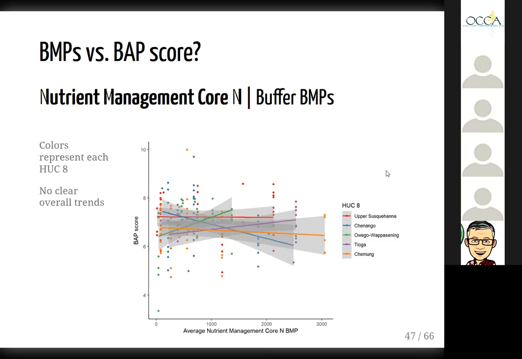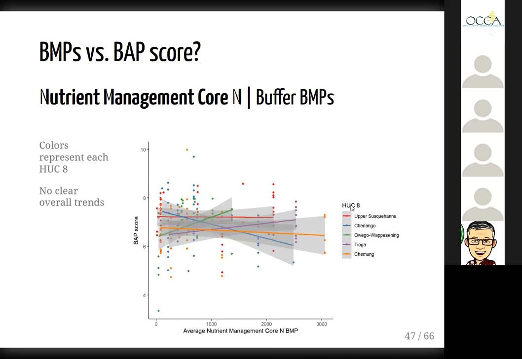So how do they relate to each other, BMP implementation and BAB scores? BAB score being a biotic index, so to speak. When we put them together, we didn't actually see any clear trends. So you would expect to see a positive correlation, where when you implement more BMPs, you would expect there to be higher BAB scores.